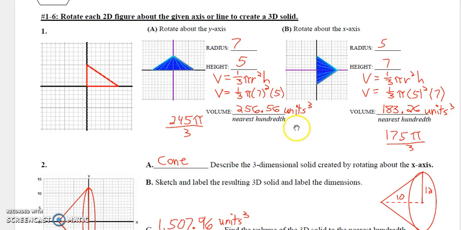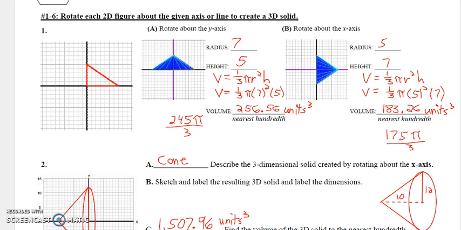Type it in here. Calculate the answer. And this wasn't asking for the exact answer, it was asking for the rounded. So that's why I rounded. Over here, when we revolved around the x-axis, this is the radius, the short side. That's 5 is the radius, and then it's a longer cone this way. It's 7 height. Substitute those numbers in and get this volume.